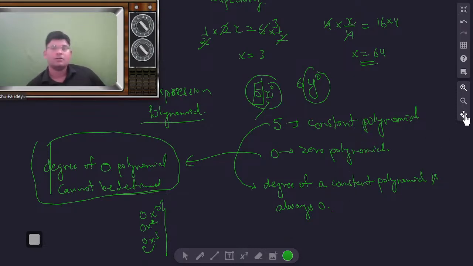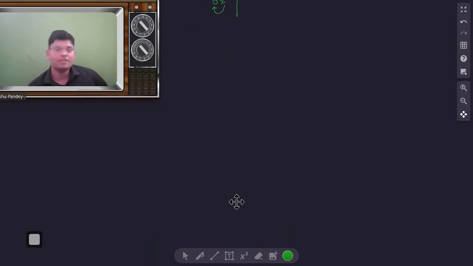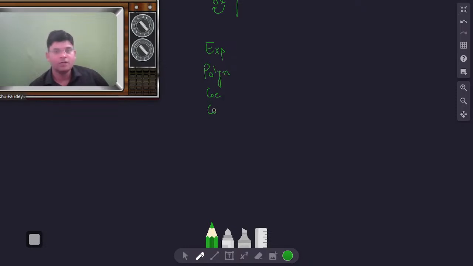So let's revise what all we learned today. We learned about expression, polynomials, coefficients, constants, value, number of terms, how to add terms, how to subtract terms, and the statements of addition, subtraction, multiplication and division.